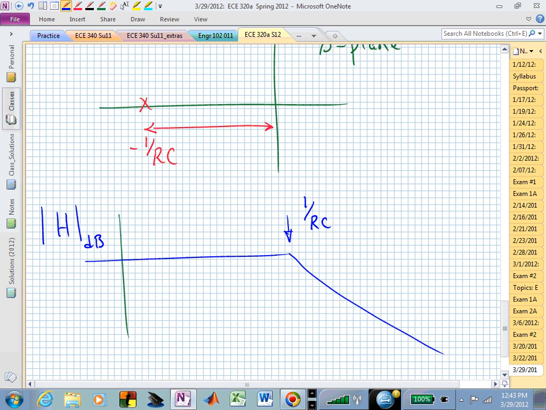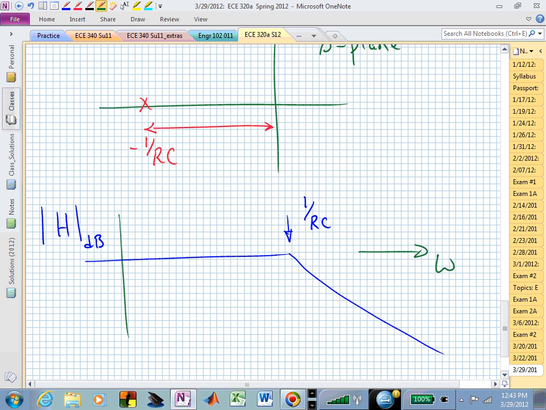And that's what this sloping line beyond 1 over RC is indicating, that we are attenuating the frequencies. Here's our frequency axis. I should label this. That's our frequency axis.